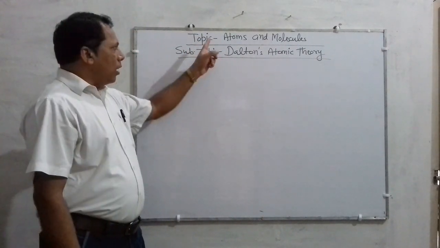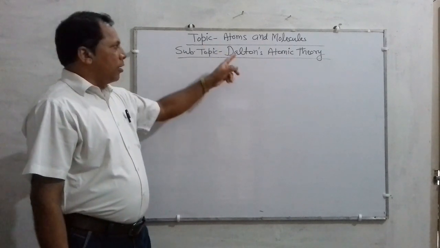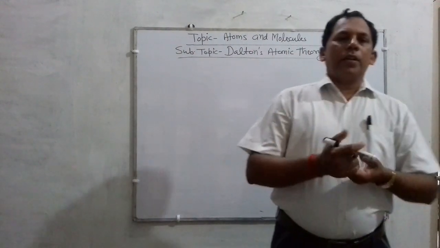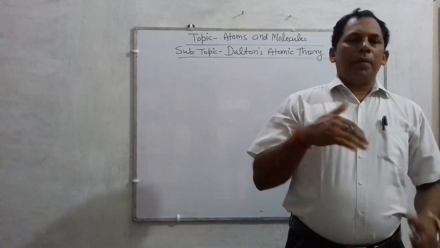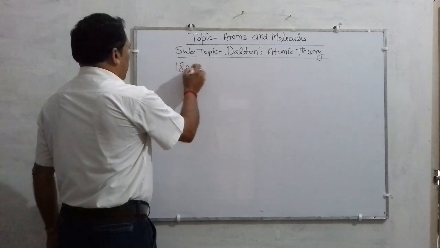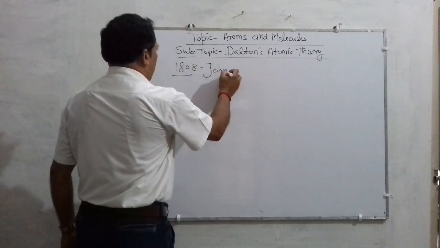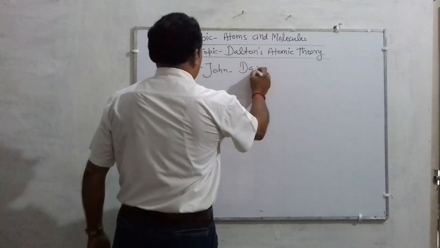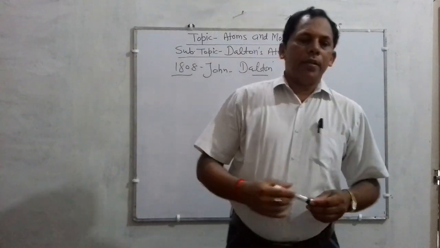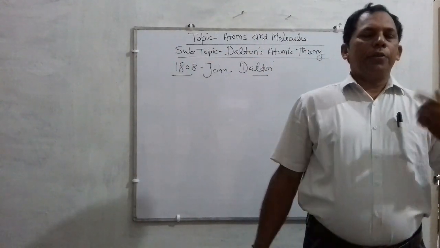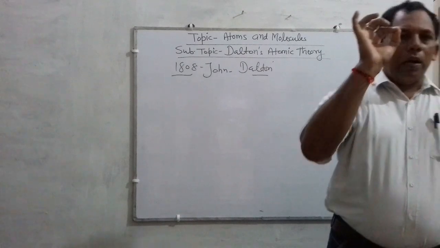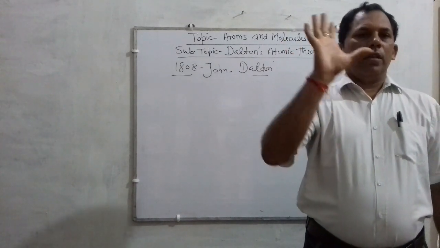Alright children, on the basis of knowledge of atoms and keeping in mind the laws of chemical combination, the British chemist John Dalton in 1808 provided a theory related to atoms, called Dalton's atomic theory.